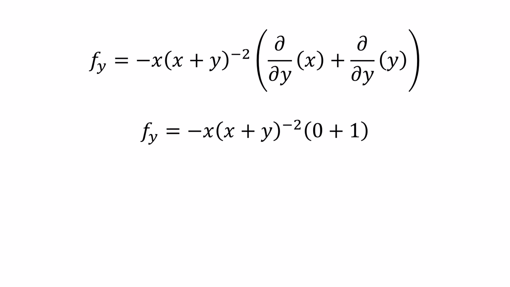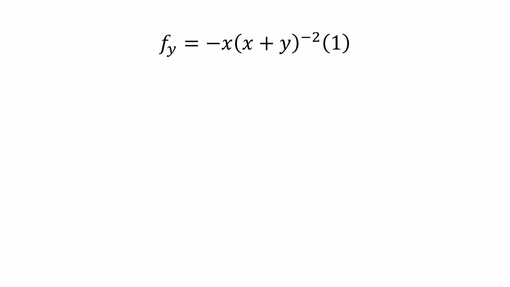Adding, we obtain f sub y equals negative x times x plus y to the negative 2 times 1. Multiplying, we obtain f sub y equals negative x times x plus y to the negative 2.